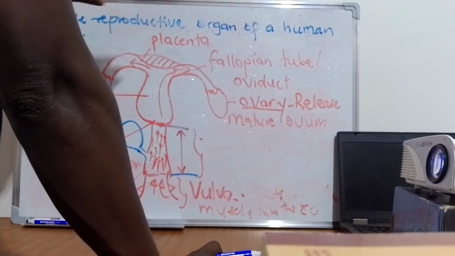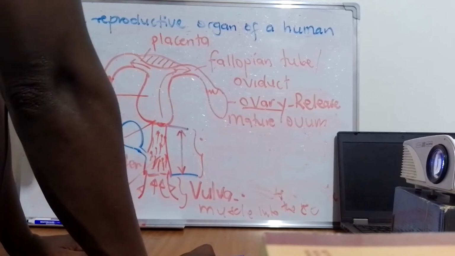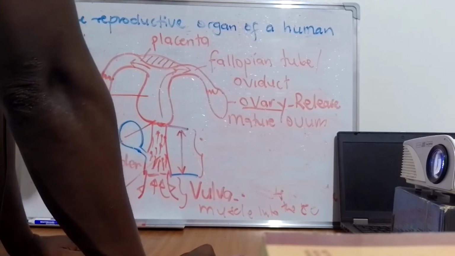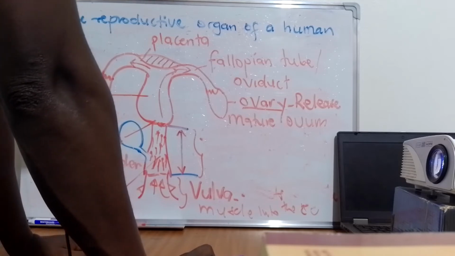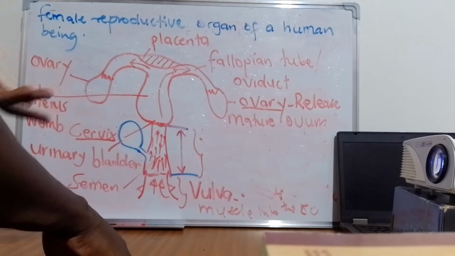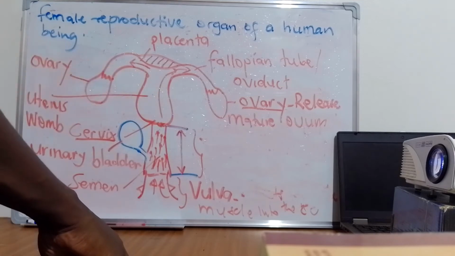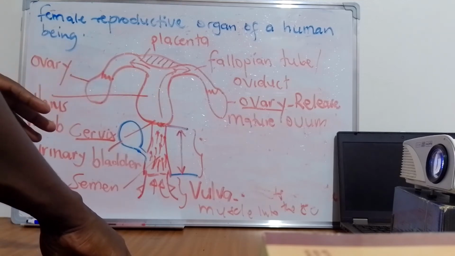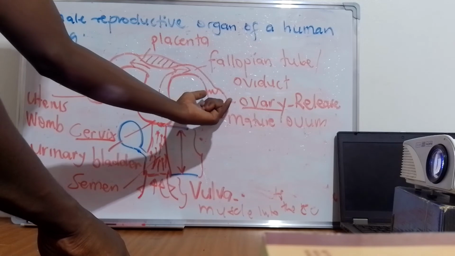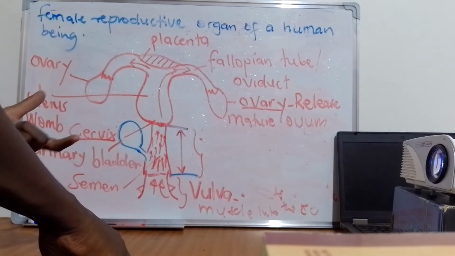Unfortunately, ladies are born with a special number of ova. So, if a woman is born with maybe 200 or 300 ova, she cannot increase them anyway. So, the ovary provides space where the ova mature.